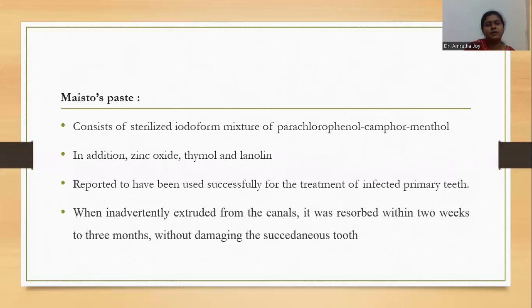Maisto's paste consists of a sterilized iodoform mixture of parachlorophenol, camphor, and menthol. It also includes zinc oxide, thymol and lanolin. It is used successfully for treatment of infected primary teeth, and if it is extruded from the canals, it is resorbed within 2 weeks to 3 months, and it will not damage the succedaneous tooth if it goes beyond the periapical area.